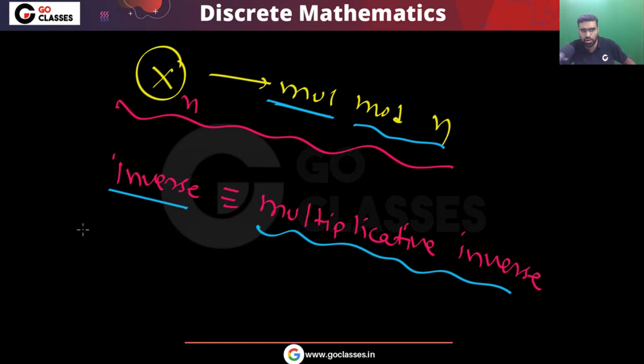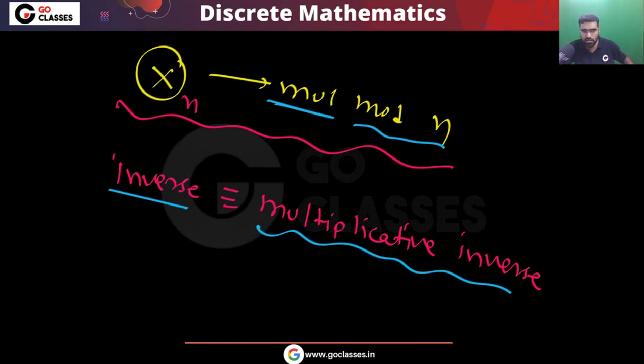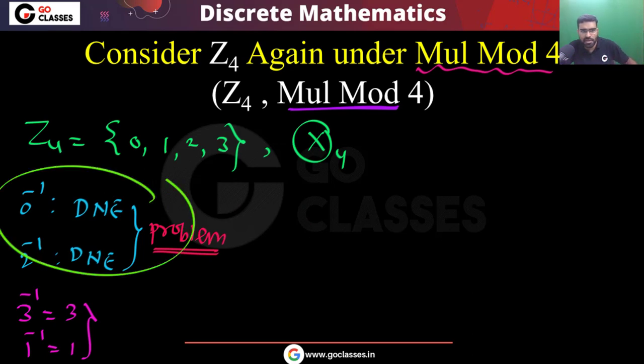This is just another name. Don't worry, you can call it inverse or multiplicative inverse. Now you can see the problem is that 0 does not have a multiplicative inverse.